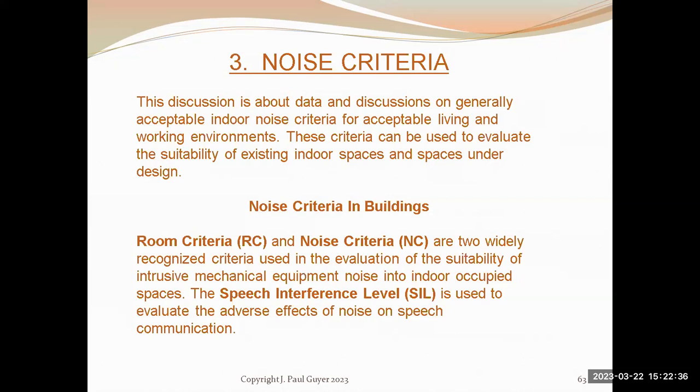One called the room criteria and the other called the noise criteria, RC and NC. Of these two, in building design, the noise criteria, NC, is the one that you are going to probably use in most real world building design situations.